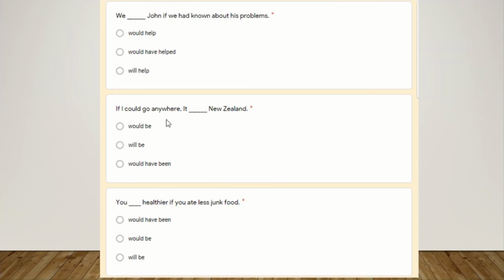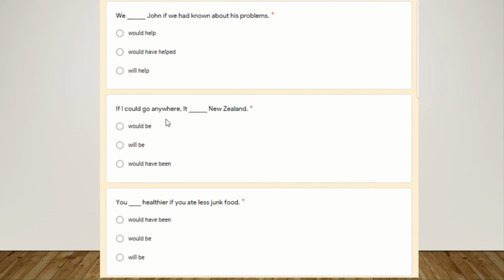All right, next one. If we had known, no simple past. This is past perfect. Past participle. We need the would, not with base form, but with present perfect. Would have helped. Will, never. So in this one, never. And in this one, will never. Would, could be.